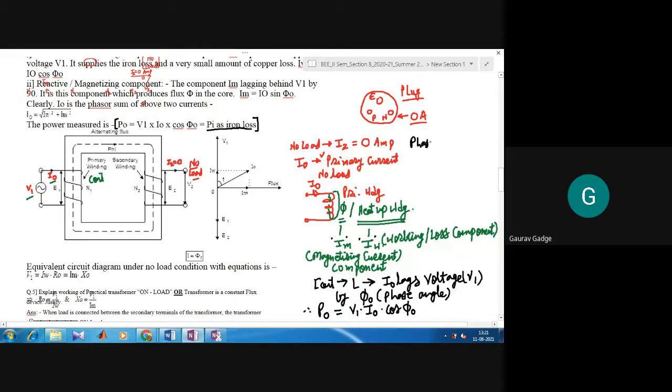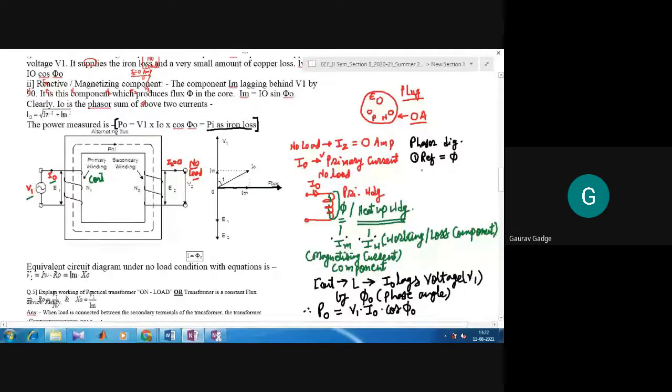To make a phasor diagram, first you need the reference quantity, and the reference quantity here is flux. So you see that flux is drawn here. Making a phasor diagram is very simple, and that is applicable to all the branches.